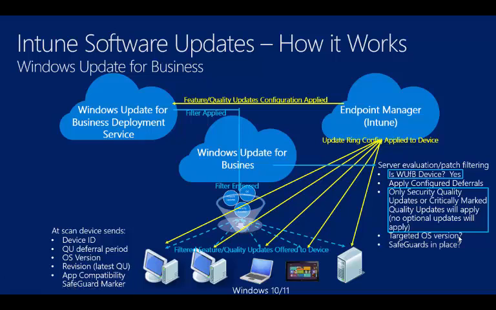That's going to impact the updates that are chosen to be delivered. There's also scan detail that the device has to provide in order to get the correct list of updates and so forth. So that's how I'm trying to describe how that works with this graphic.